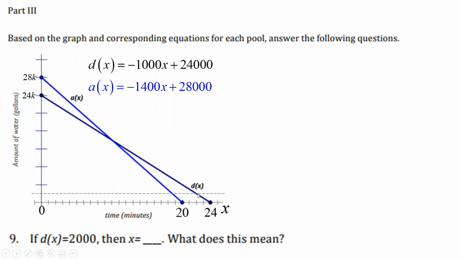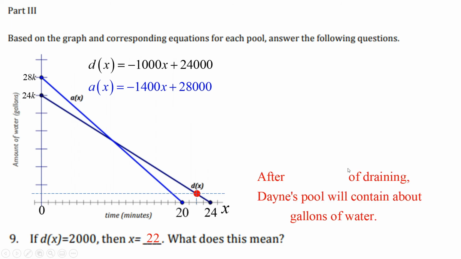Right there at that point. Okay, and what's the x value at that point? Looks like that x value is 22. X equals 22. So that means in 22 minutes, Dane's pool will have 2,000 gallons of water left. After 22 minutes of draining, Dane's pool will contain about 2,000 gallons of water. Nice.